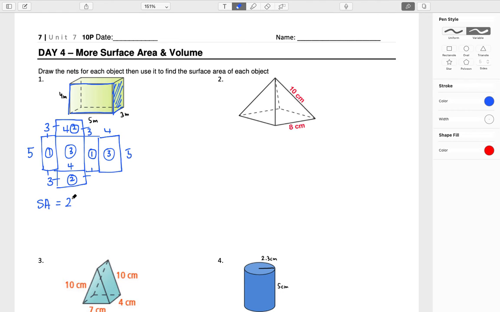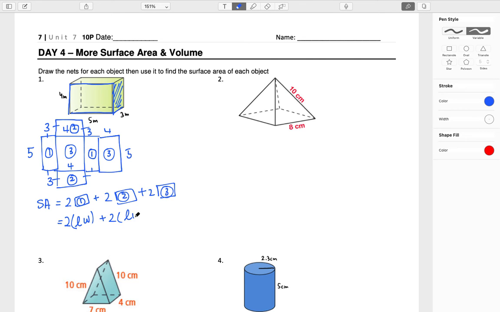So we have 3 different types: we have 2 of rectangle 1, 2 of rectangle 2, and 2 of rectangle 3. The formula for finding the area of a rectangle is length times width.